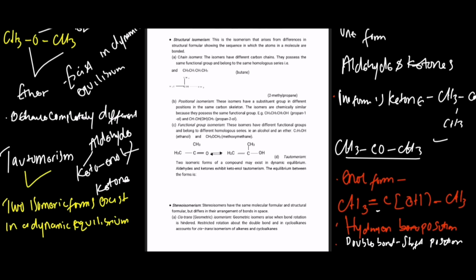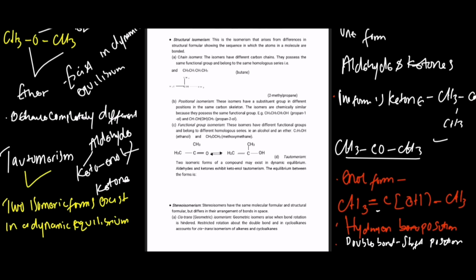This type of isomerism includes chain isomerism, which has different carbon chains; positional isomerism, which has different positions of the functional group; functional group isomerism, which has different functional groups; and tautomerism, which exists in dynamic equilibrium between two forms.